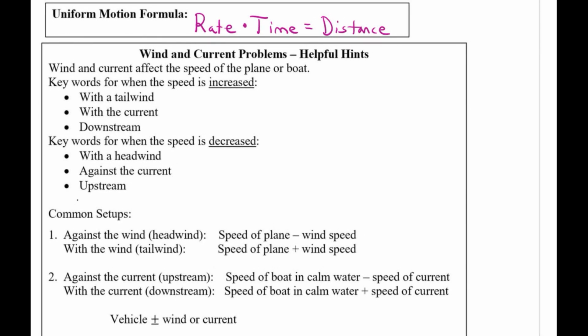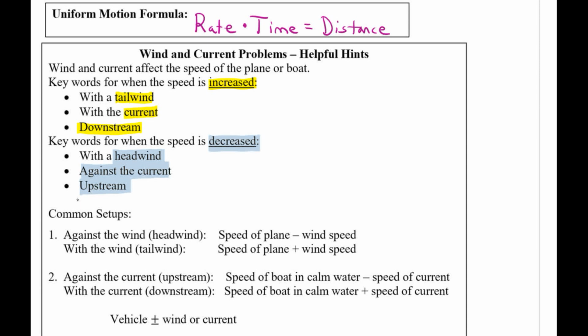With wind and current problems, we want to look for keywords. When the speed is increased, we will think of a tailwind if we're in an airplane, a current if we're on the water, or thinking downstream when we're on water. If our speed is being decreased on a plane, we might hear the term headwind, and in the water, we would think against the current or going upstream.